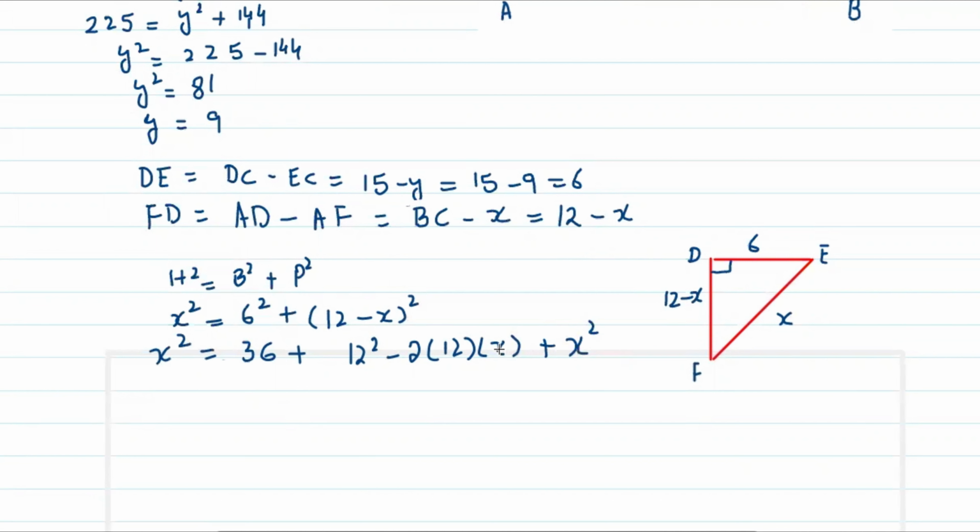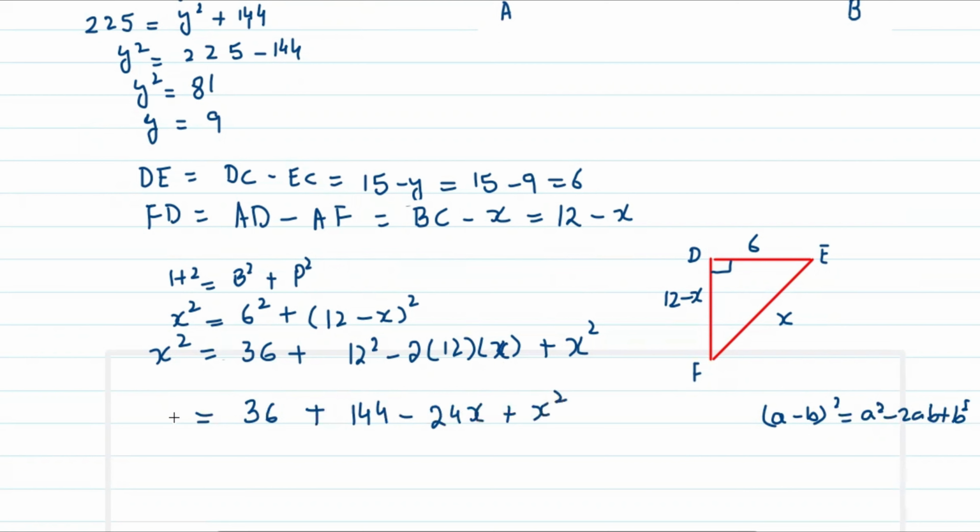Now we use the identity (A minus B) whole square, which is equal to A square minus 2 times AB plus B square. Now we can write it as 36 as it is, plus 12 square is 144, minus 24X, plus X square, and that's equal to X square.